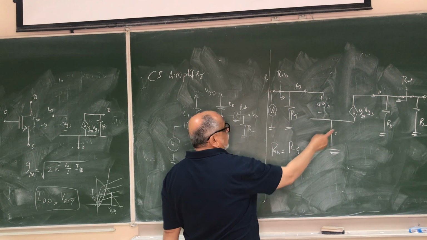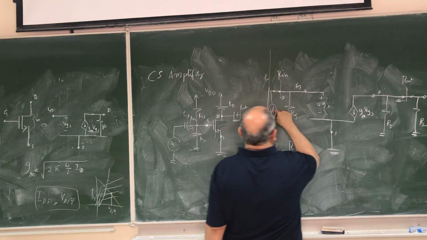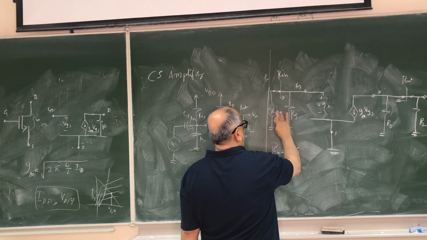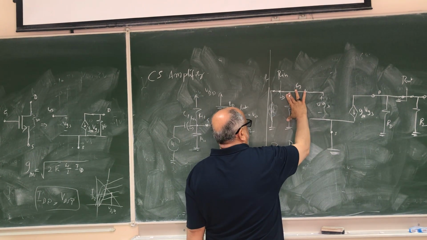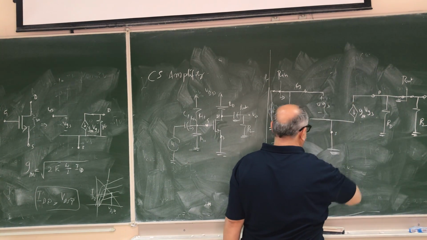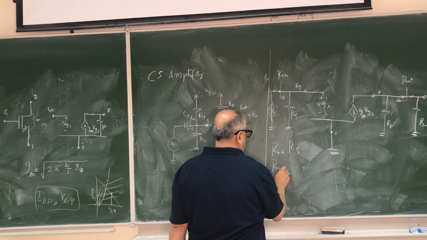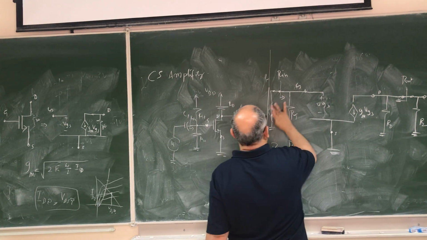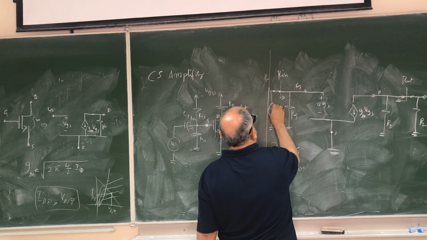And to find R out, set the input to 0, so this will be shorted out, right? So if we short out, this is 0, VGS is 0, so this is open circuit, and we have R out equal to RD.